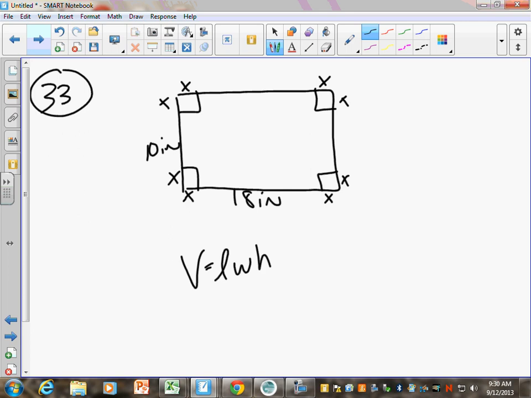So the length was normally 18, but I took x and x out of each end. So how much is the length now? 18 minus 2x. Because minus x and minus x makes minus 2x.